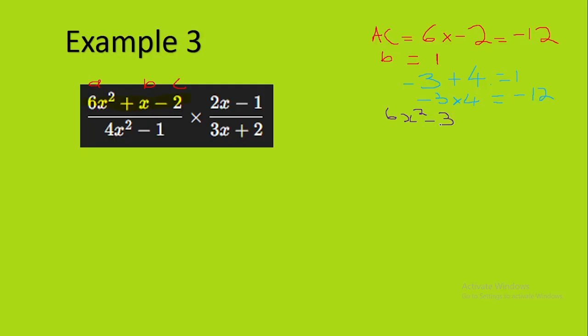So 3, you replace the x right here with 3x, and we'll have our plus 4x minus 2.